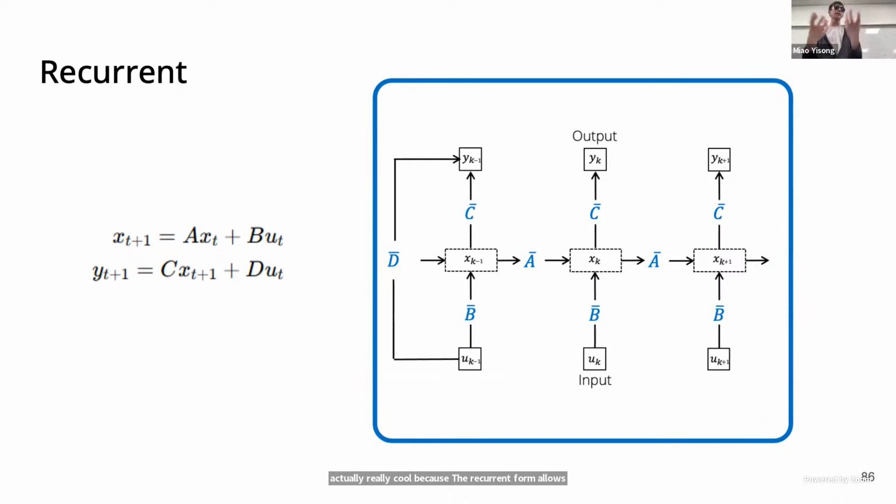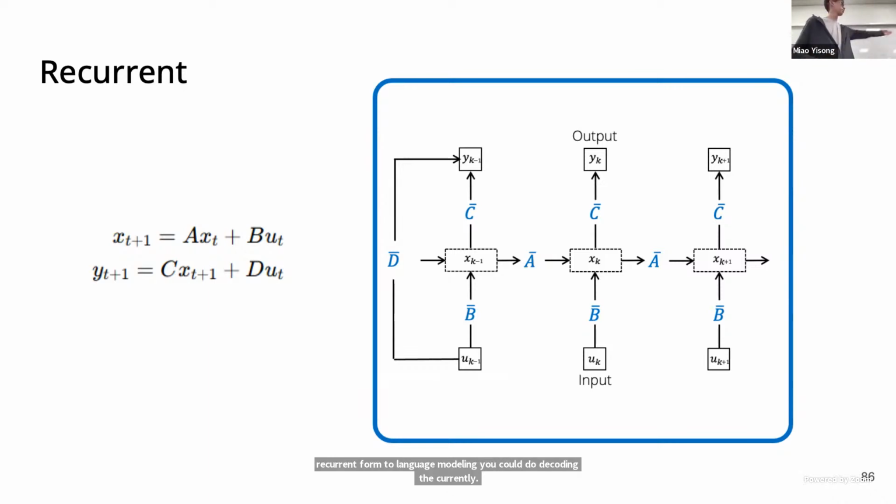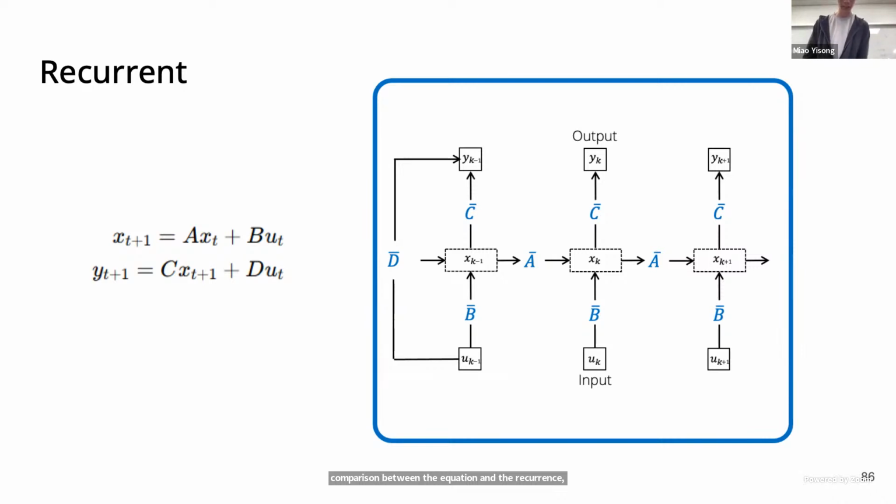If you apply an SSM in the recurrent form to language modeling, you could do decoding recurrently. And it's straightforward to see the comparison between the equation and the recurrence, right? Xt is the hidden state, which you just pass on to the next time step.